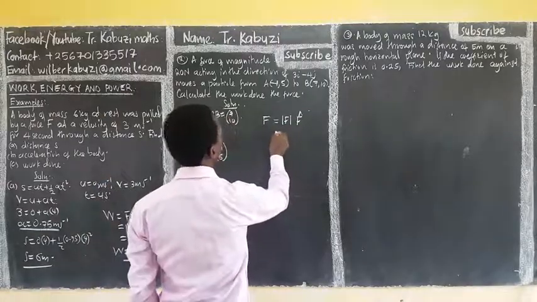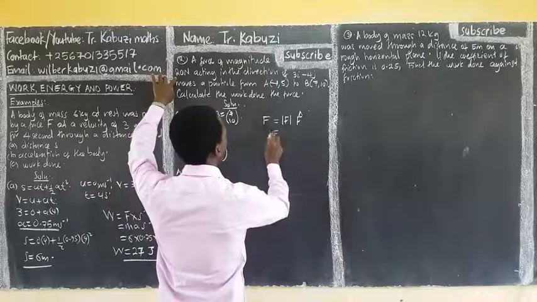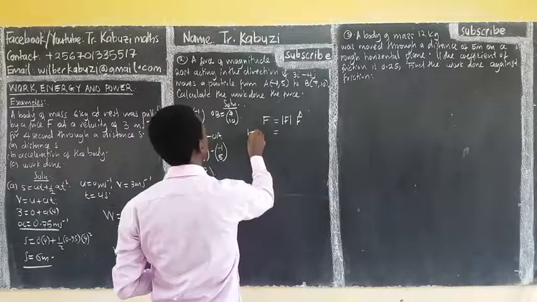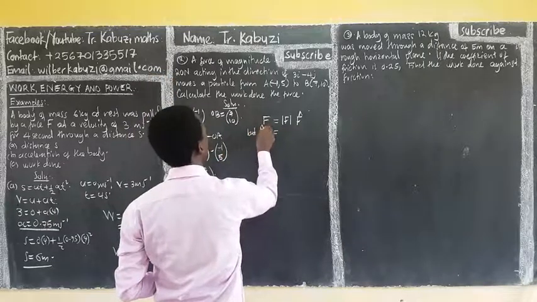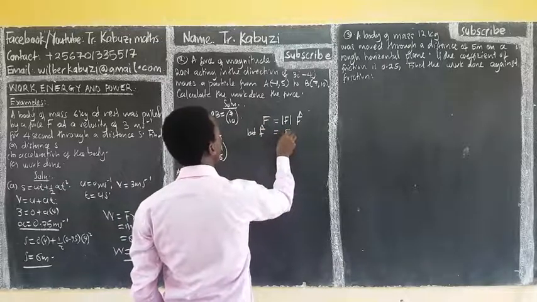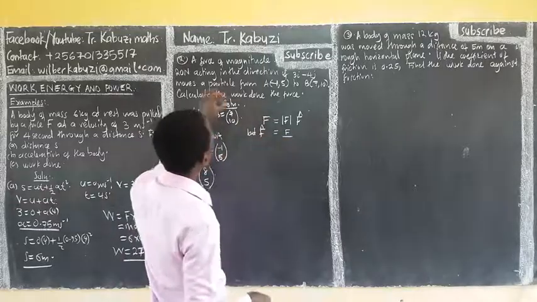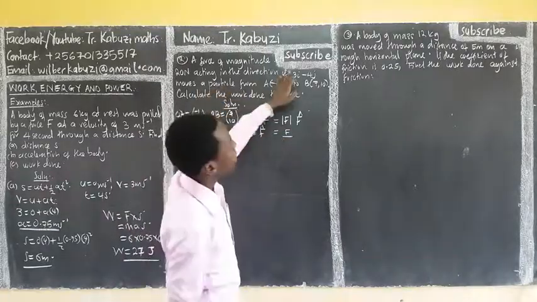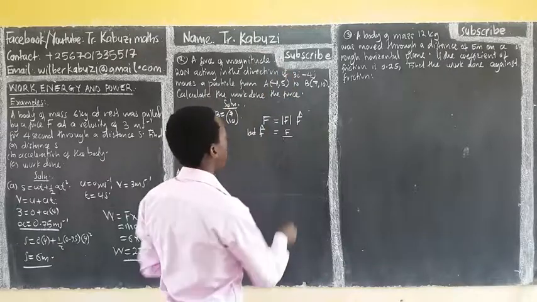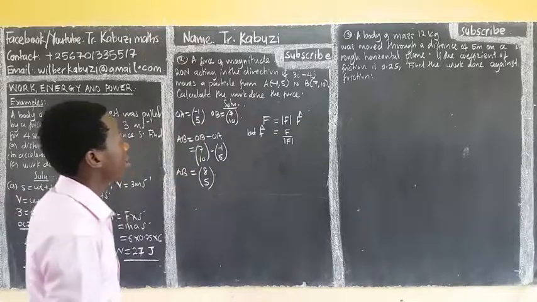The magnitude of this force is 20. It is given by F over the magnitude of this force, simple as that.